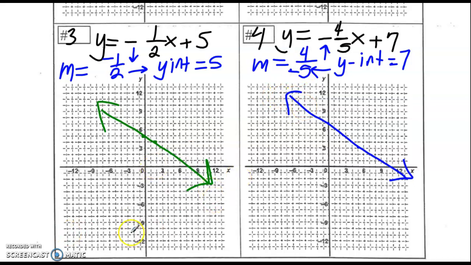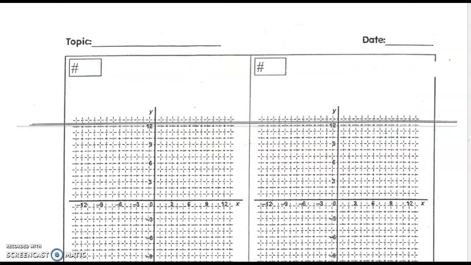All right, let's go on to the next problem. Question number 5, our equation is going to be y equals negative 5.